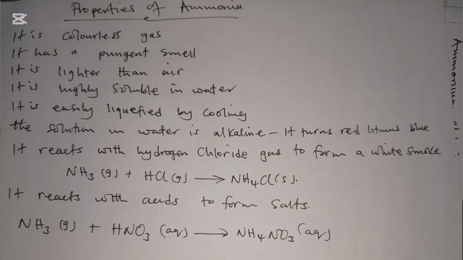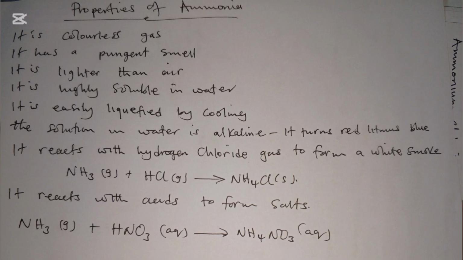We go now to the properties of ammonia. Number one, ammonia is a colorless gas. Number two, it has a pungent smell. Number three, it is lighter than air. Number four, it is highly soluble in water.